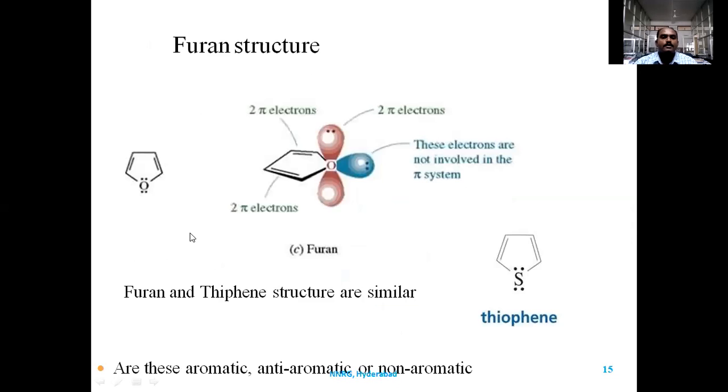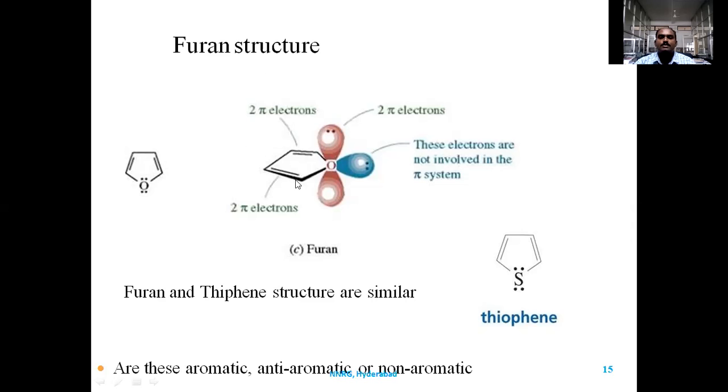So furan is the 5-membered ring system with oxygen. Here furan has 4 carbons, contributing 1 pi electron each. So 4 pi electrons will form 2 double bonds; each double bond has 2 pi electrons. And the oxygen p orbital contains 2 lone pairs of electrons. 1 lone pair is involved in the pi system, such that 2 electrons from oxygen and the 2 double bonds overlap to form the pi system.